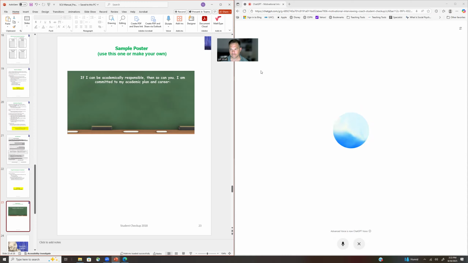You use the importance and confidence scaling in a natural way, and you definitely help the student generate their own change plan, which is a big part of the checkup. If I were to look at the fidelity checklist, I'd say you hit the main components. You established a reason for change, you explored the student's own perspective, and you co-created a plan. So I'd say you stayed pretty true to the protocol. Nice work. Awesome. Well, thank you so much.